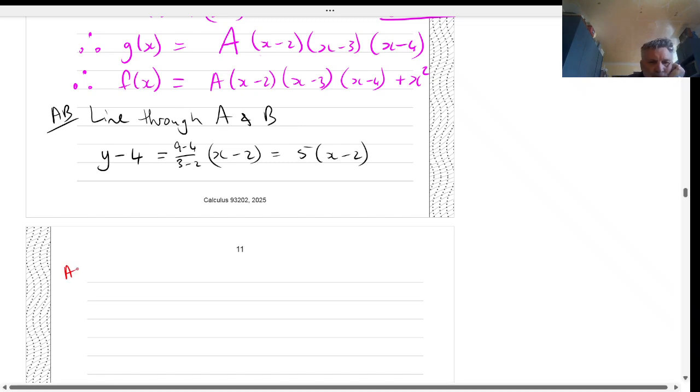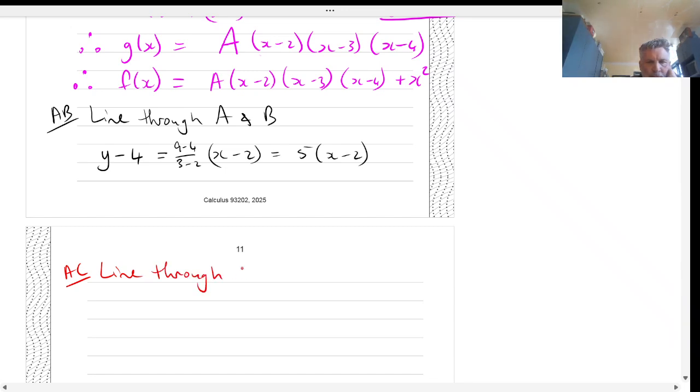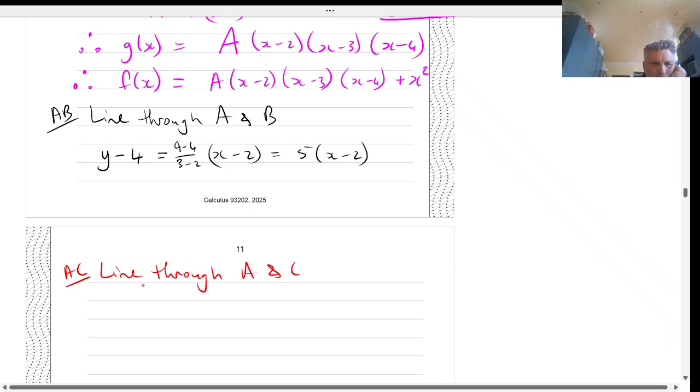And then if we look at AC, the line through A and C, it goes through A again, so it's y minus 4. 16 minus 4 over 4 minus 2 is the gradient, times x minus 2. So that's 12 over 2, that's 6, x minus 2.